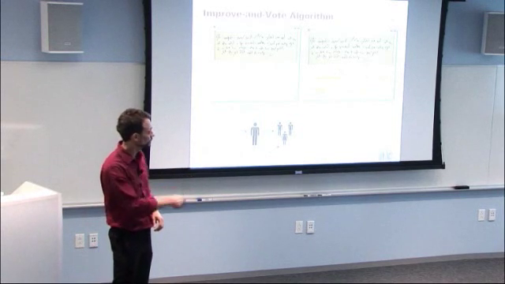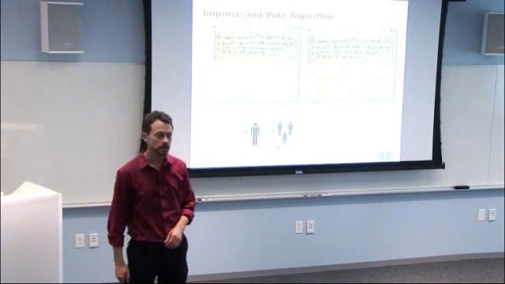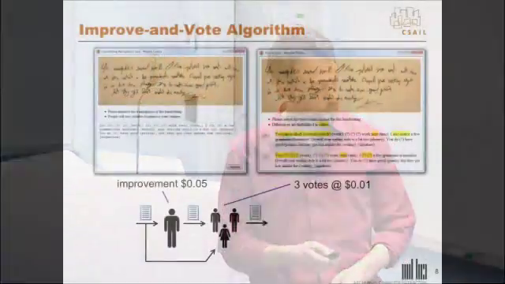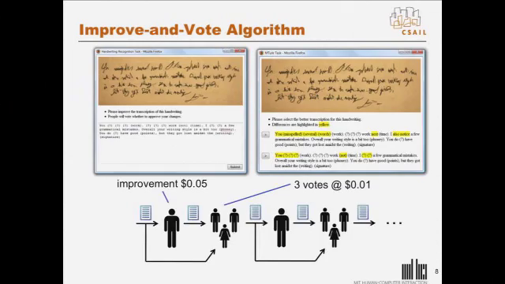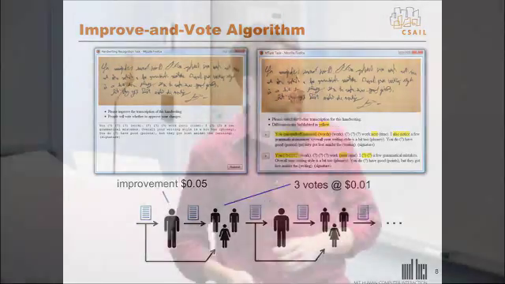And these are presented in a random order so the voters don't know which was the input and which was the output. And then the winner of that vote, either the input or the output, goes on to another phase of this algorithm. And hopefully we're climbing a hill here.